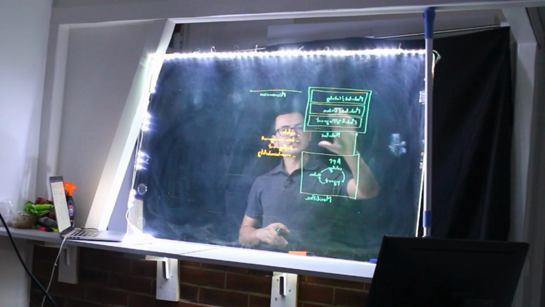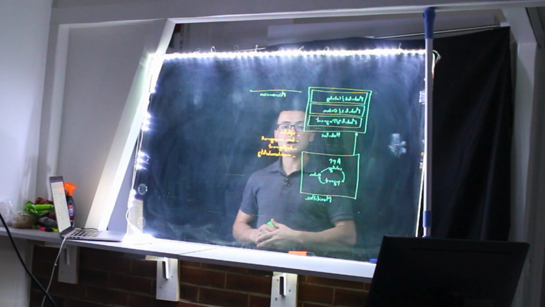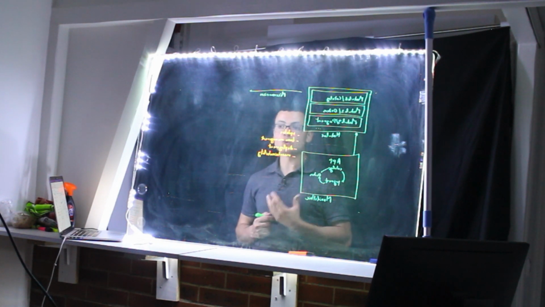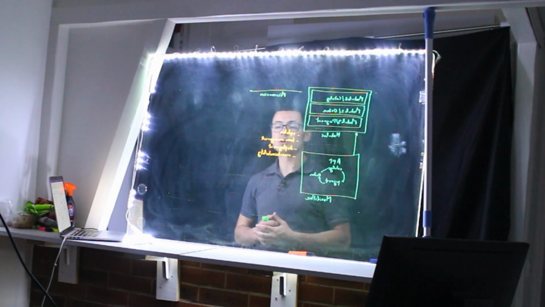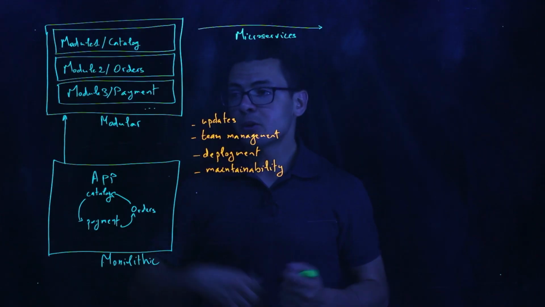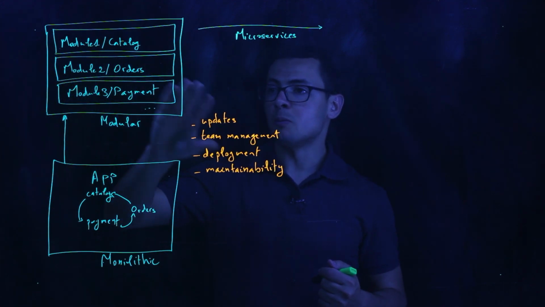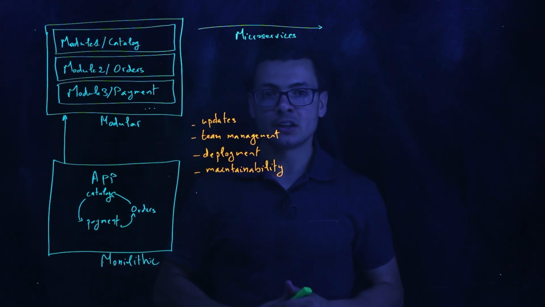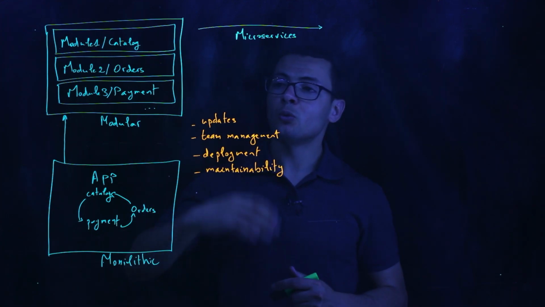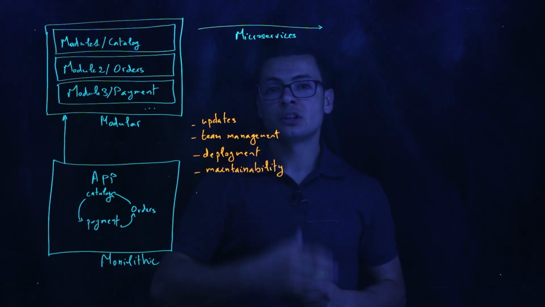Instead of this giant application, we'll split this application into smaller applications. Those smaller applications are actually the microservices. Each one is called a microservice. A microservice is a small feature or a module or a small functionality inside the application that will live independently in a separate process.